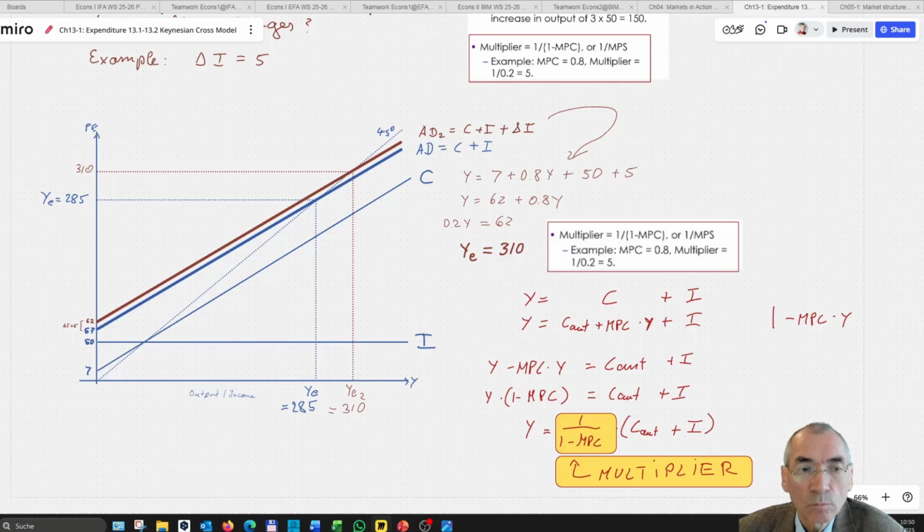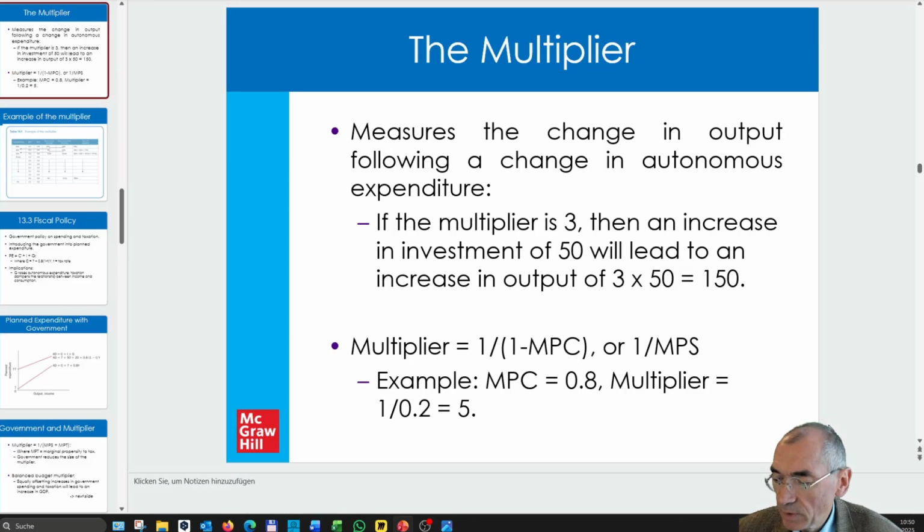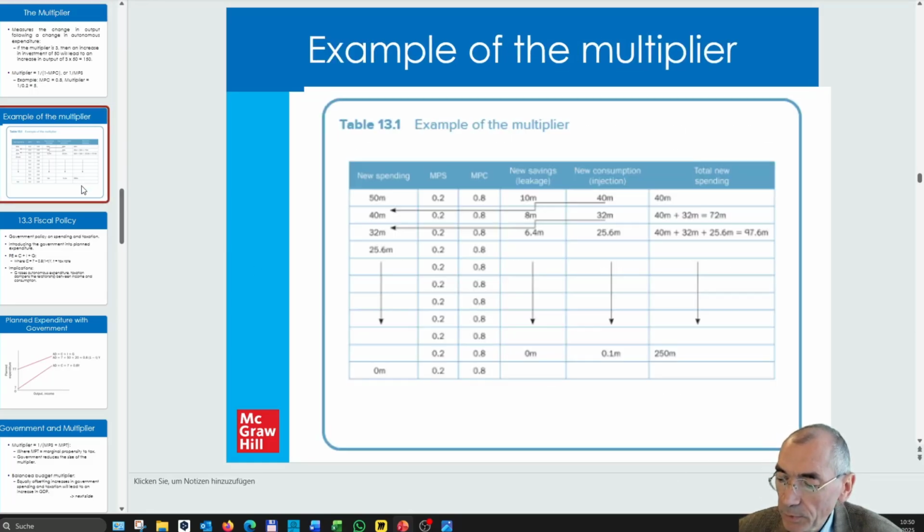We are going to spend quite some time in class to discuss this multiplier, how it works, and to practice computing different tasks. One hint is given in our book in table 13.1 that shows an example of the multiplier. I'd like to invite you to have a look, to try to understand on your own, read in the book, what this table wants to show us.